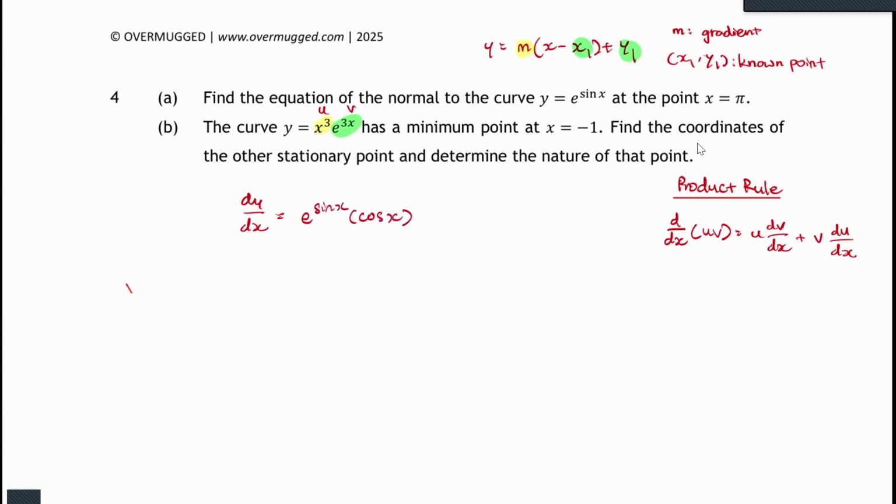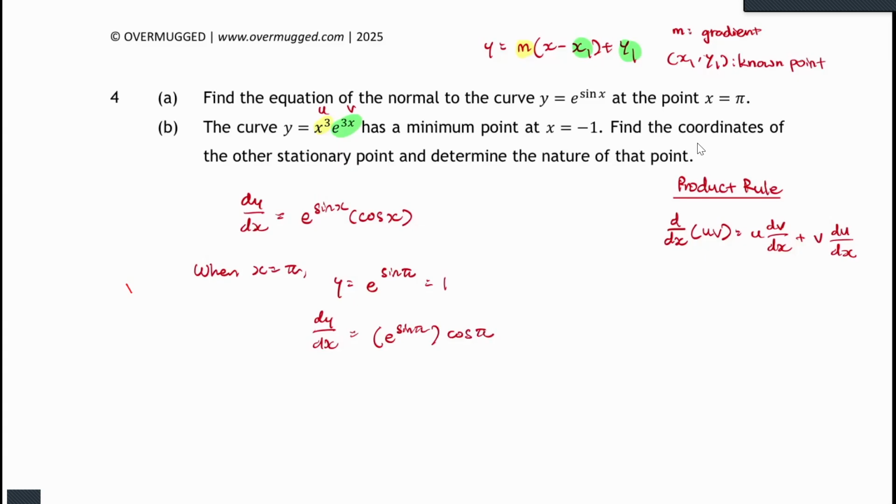Then we are done. So I need to know when x is equal to pi, what's the value of dy/dx, what's the value of y. So y will be equal to e^(sin pi). Sin pi is just 0. So e to the power of 0, we get 1. Can dy/dx, if I sub in, this is e^(sin pi) cos pi, right?